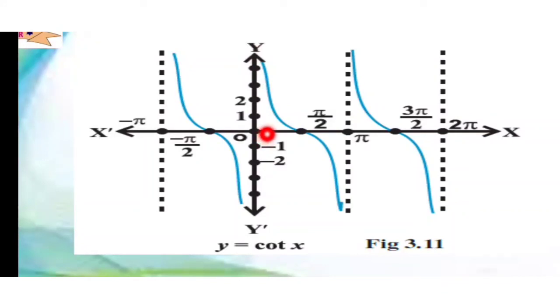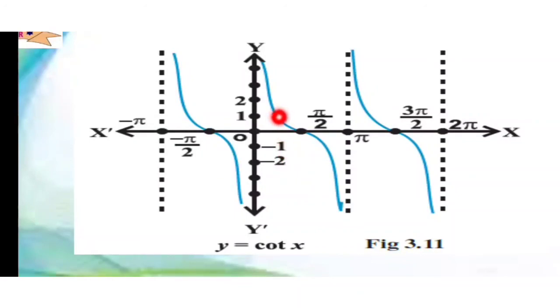And cot of 30 degree is root 3, somewhere comes here. Sorry, cot of 45 degree is 1, because sine 45 is 1 by root 2 and cos 45 is also 1 by root 2; the 1 by root 2 terms get cancelled, we get 1, so it comes here.